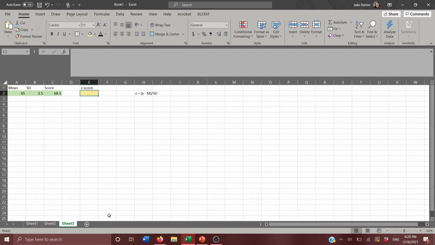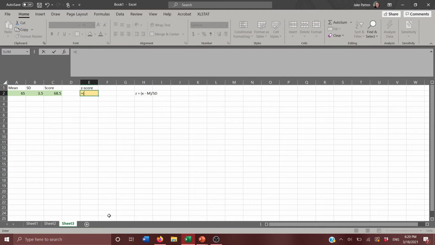Okay, so for z-score, it's a pretty easy formula to write. What we're going to start with is an equal sign. We always start with an equal sign. And then we're going to go right into parentheses. The reason we're going right into parentheses is we have this subtraction that we're going to need to do, and it needs to be done first before that phrase is divided by the standard deviation.